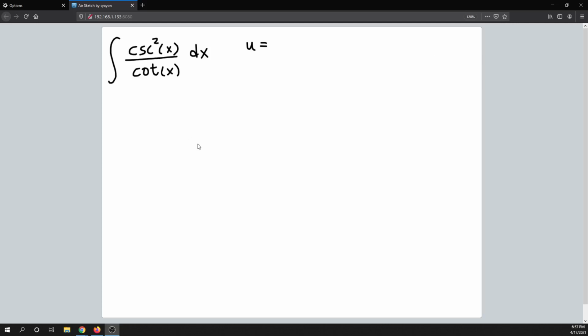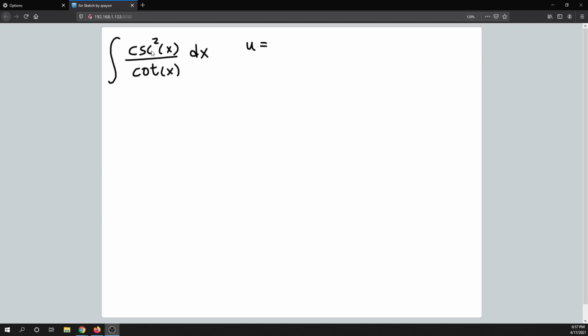If you look at other good choices for u, one of the things I said is that a good choice for u is something whose derivative appears as a factor of the integrand. Okay, and so cosecant, if I take its derivative, that's minus cosecant cotangent, right?